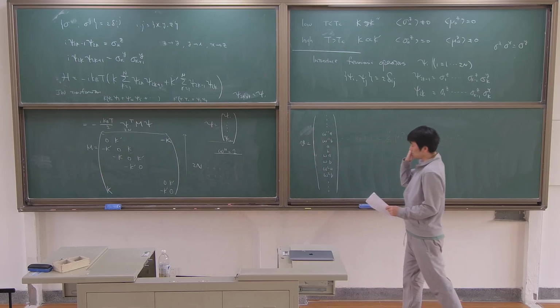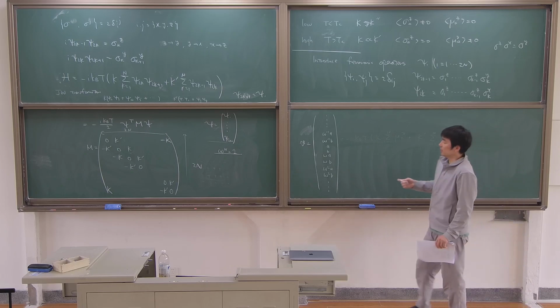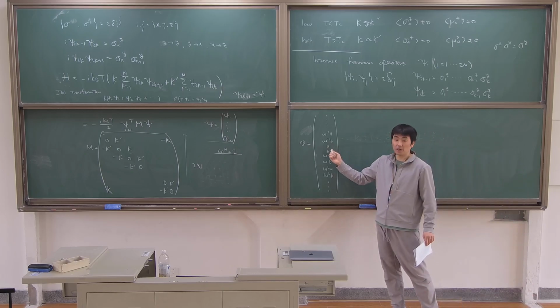So essentially you have only two entries, A and B, and then just multiply by the nth root of unity, like this way.